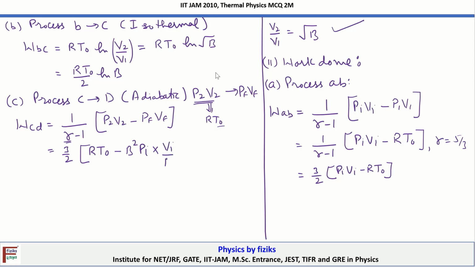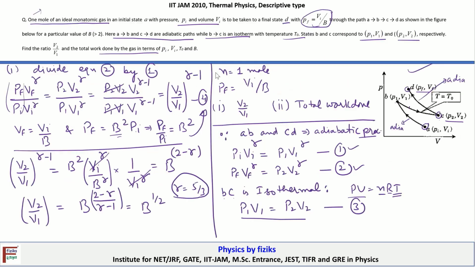So I have simply substituted the given values. This comes out to be equal to 3/2 times (RT naught minus V Pi Vi).